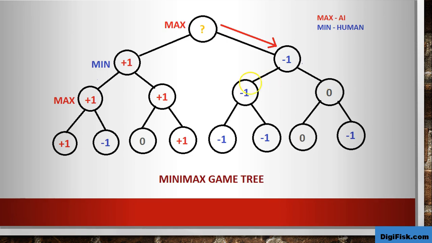Now we have two values to choose from for our root node, that is the AI player, the current state. Since it's the max player, that is, since it has to choose the maximizing value, it's obviously going to choose +1, this particular node, because that is greater than -1.